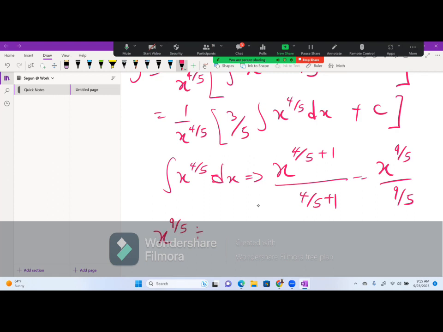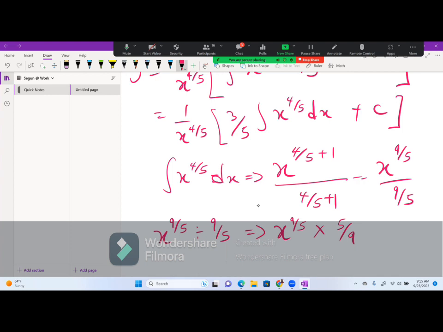It is divided by 9 over 5, so we find it to be x raised to the power 9 over 5 multiplied by 5 over 9. So this is what we are going to have. Then I can substitute it back.